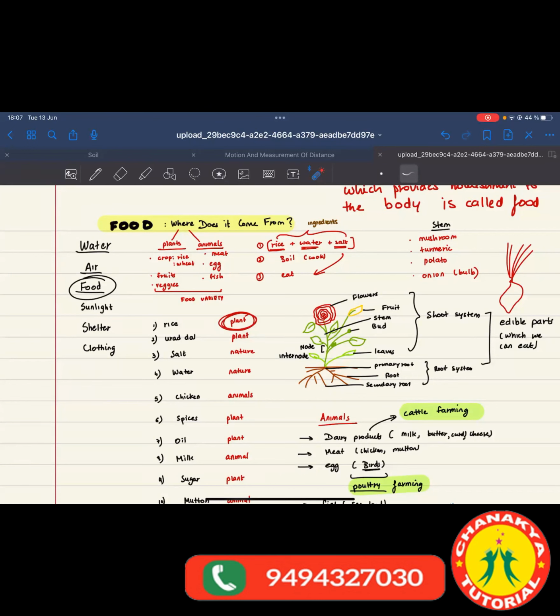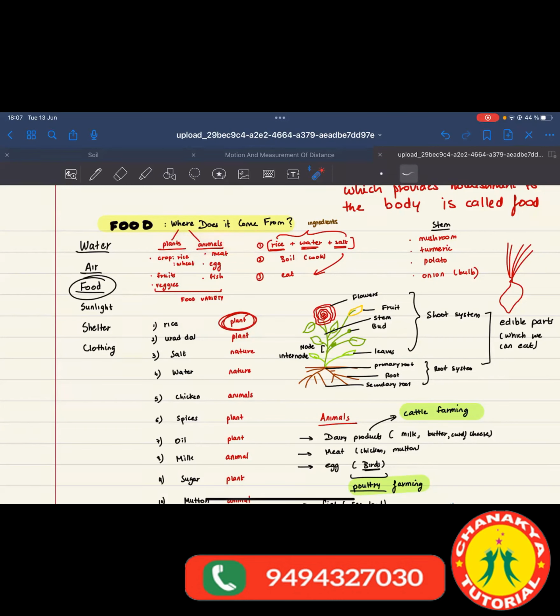Items like salt, water and so on are an additional category, because we get them neither from plants nor from animals. It's a third category that is basically from nature. Plants and animals we'll talk about again. So remember there are three categories: plants, animals, and natural.